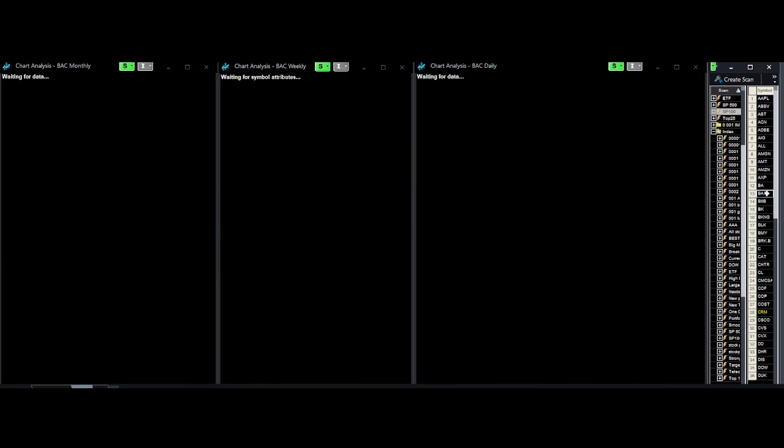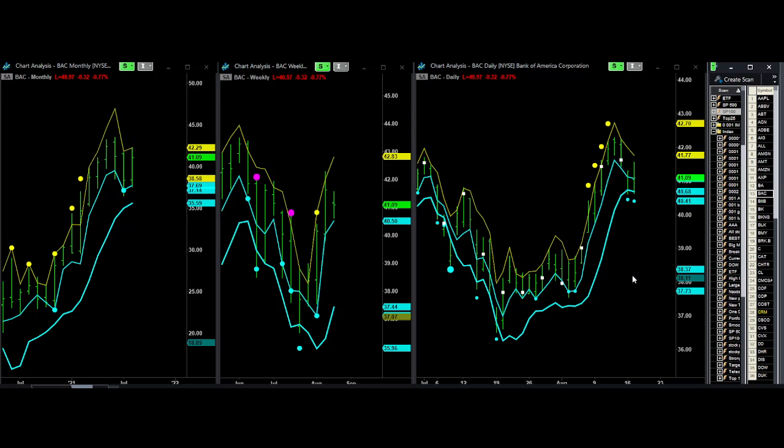For example, for the BAC price, for today's data, it once reached the lower minimum value on the daily chart, but then it increased again.